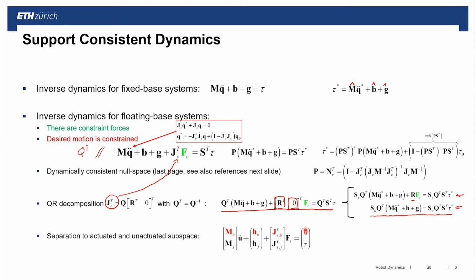So there's no actuation at the base and there's only actuation in the joints. So we can separate this into two equations as we do it here. The upper one is only depending on forces and on motion, and the lower one is depending on motion, forces, and torques. So this is a separate splitting of equations.